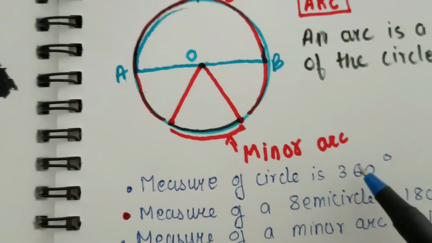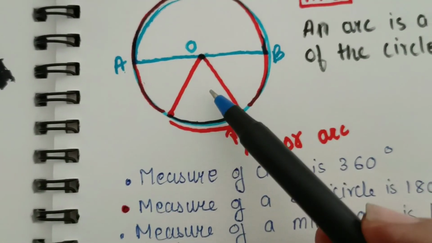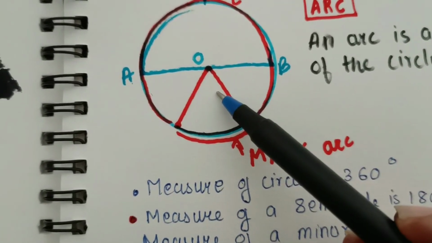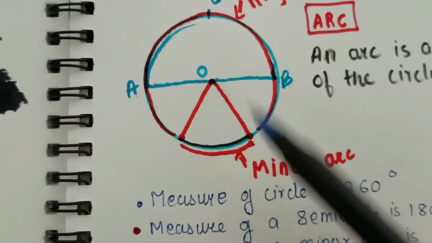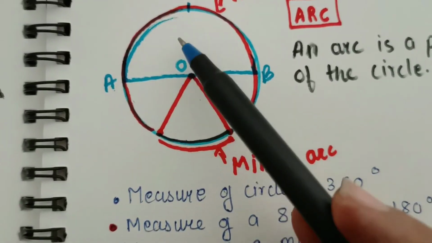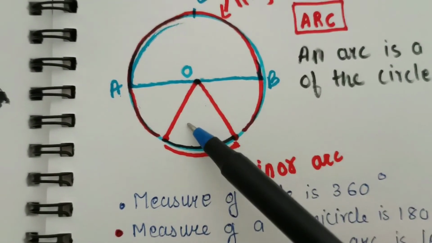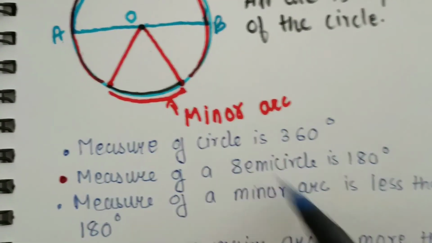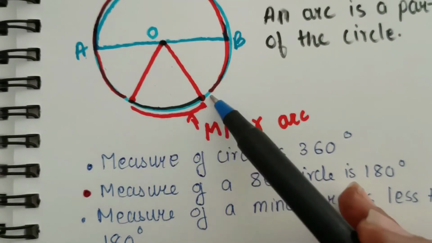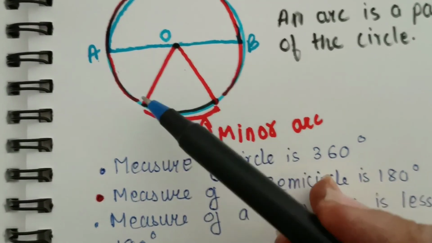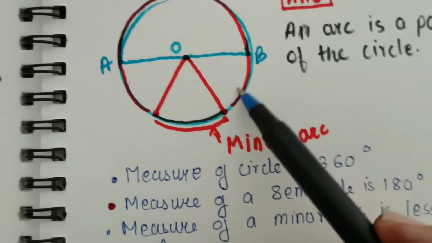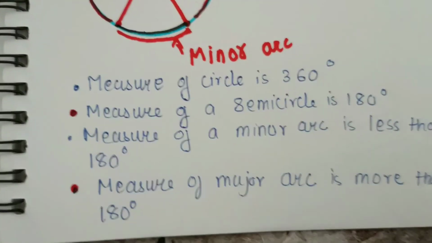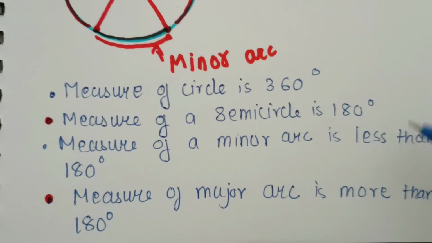The measure of a circle is 360 degrees, and when a circle is divided into 2 equal parts, the measure of each semicircle is 180 degrees, 180 degrees for the first half and 180 degrees for the second half. The measure of a minor arc is less than 180 degrees, and the measure of a major arc will be greater than 180 degrees. So these were the important concepts related to the circle.